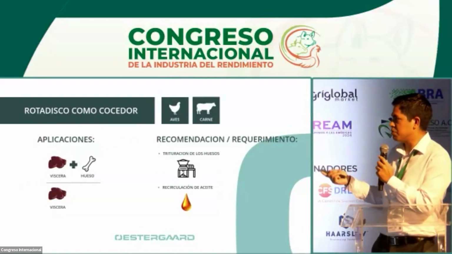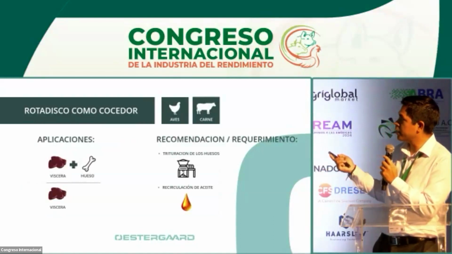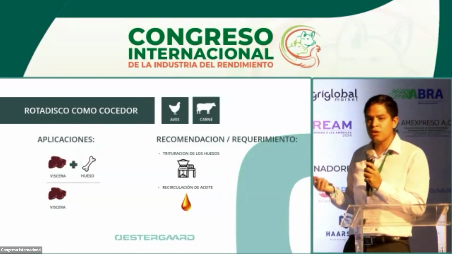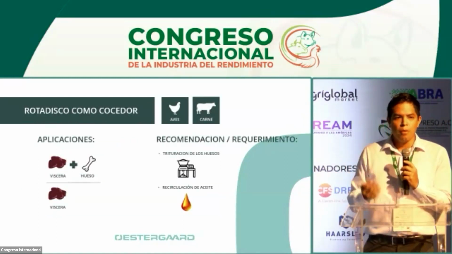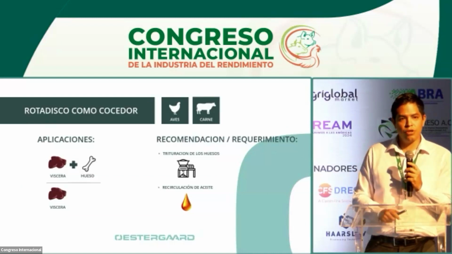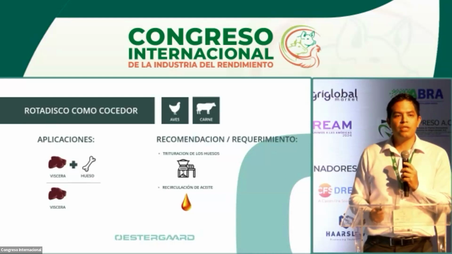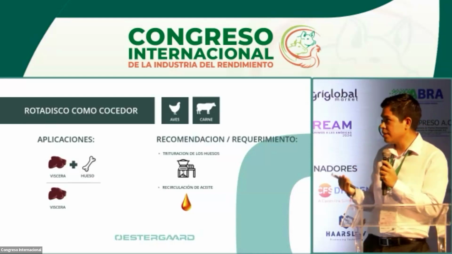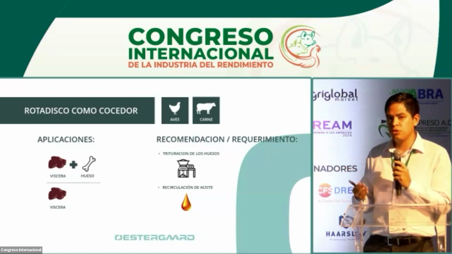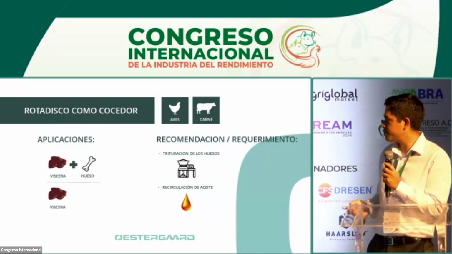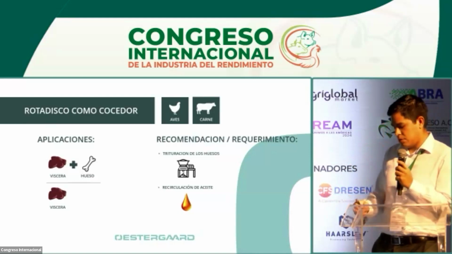Well, here are the applications: insides, bones for meat, and poultry, and this is the difference between recommendation and requirement. Why do we say that for poultry insides we can process without adding oil? An addition of oil will enhance the thermal transmission, making the cooking ability better with the same transfer area of the equipment.